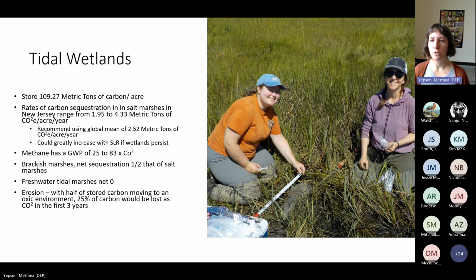Based on the small amount of research that has been done on this topic, we estimate that 25% of that carbon that's stored in the upper meter would be re-released as carbon dioxide in the first 3 years after an erosion event. And so you'll see later how we use this, but it helps us to think about the carbon benefit of implementing living shoreline projects.